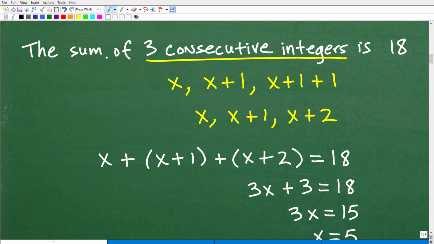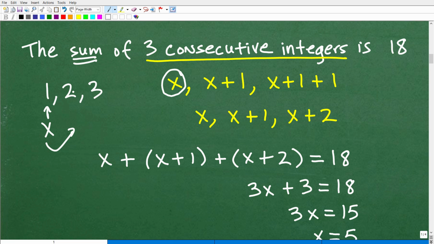All right, so we want to find the sum, i.e. we need to add up three different numbers, three different what? Well, consecutive integers. So let's go ahead and use algebra, and we'll start off by using a variable x to represent our first integer, okay? So if I have, let's take 1, 2, and 3. If x represents 1, how do I get to the next number?